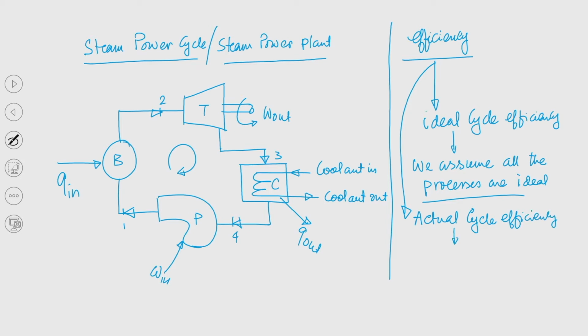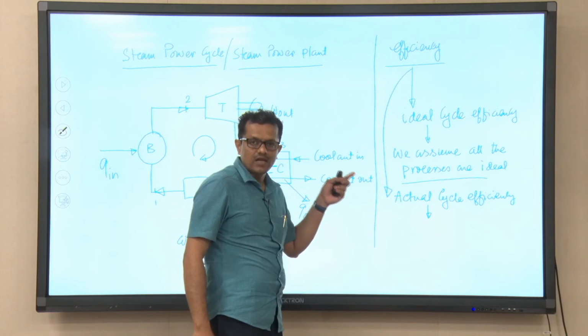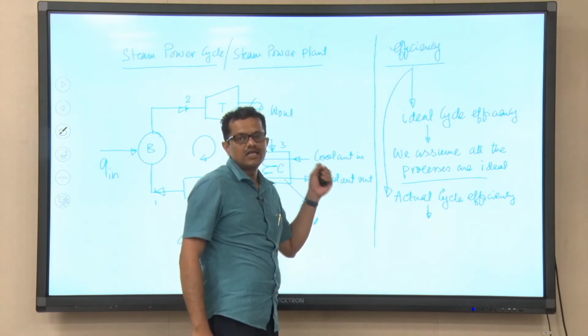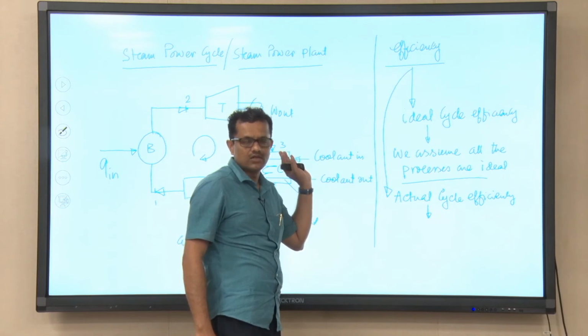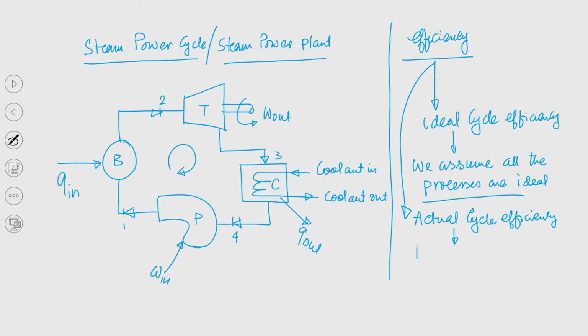And this actual cycle efficiency comes into the picture because of the thermodynamic irreversibility, some degree of irreversibility, in all the processes which we have discussed till now. Okay. So, that is there.